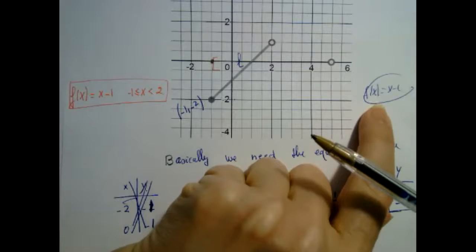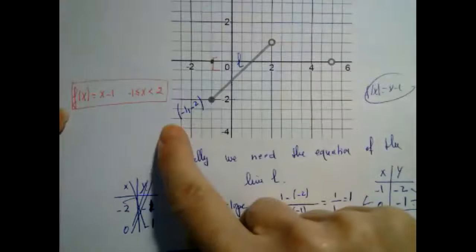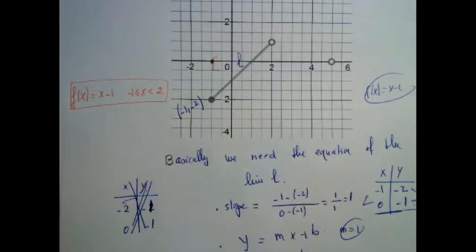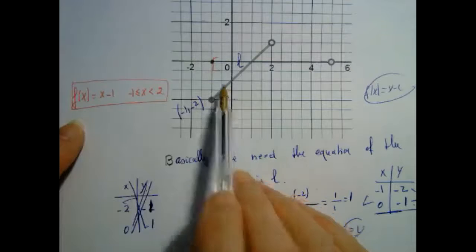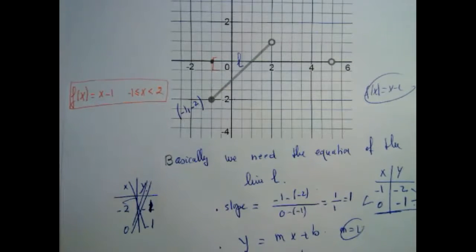The graph is only telling you that the function is defined from here to here. So for this little picture I drew, the way we write the formula is we find the equation of the line, but then we restrict our domain carefully. We know exactly what this is holding.